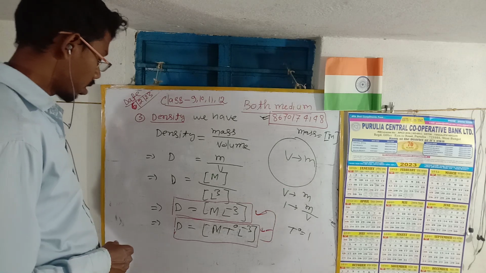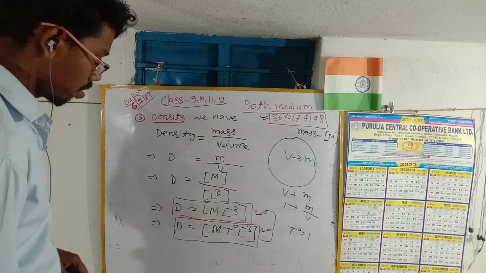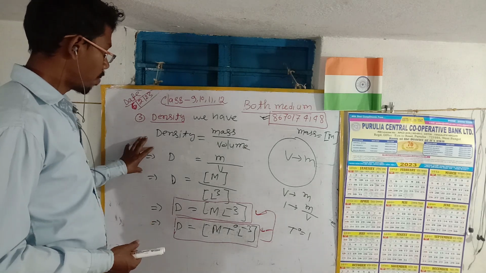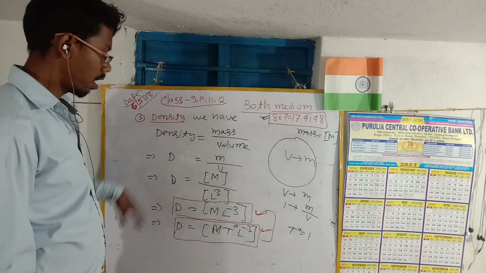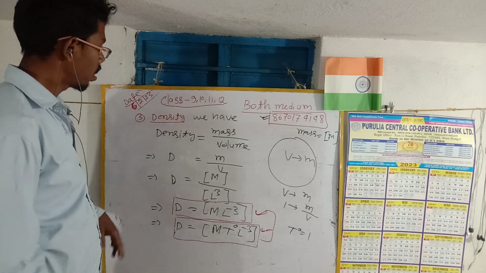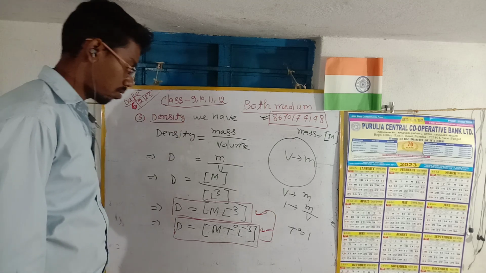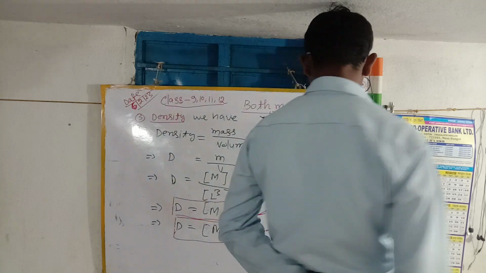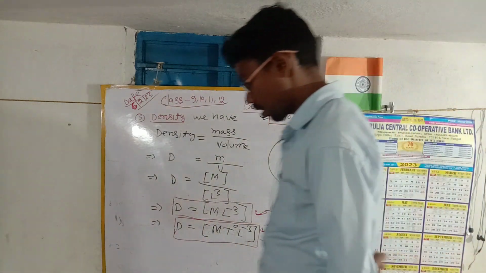So here some students commented on dimension analysis, how to find the dimension. Then how do we find the unit?